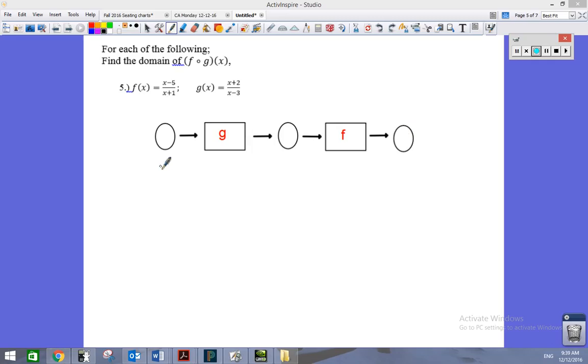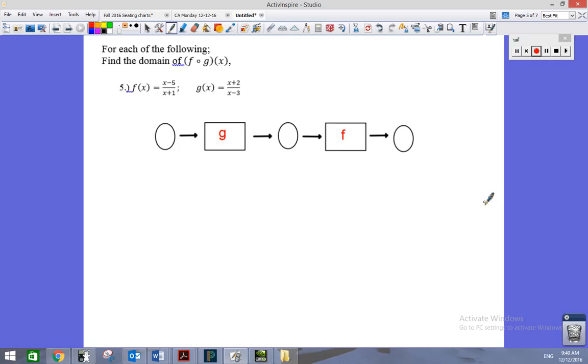So we have an x that we plug in, and we have an f composed with g of x that comes out. A number that goes in has to have a number that comes out, and to be a function, every element in the domain corresponds to a unique element in the range. So let's see if we can find the domain for this f composed with g.